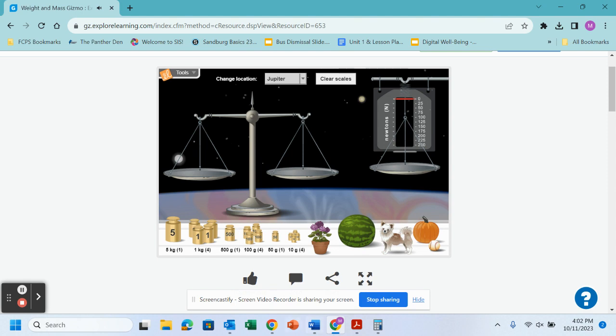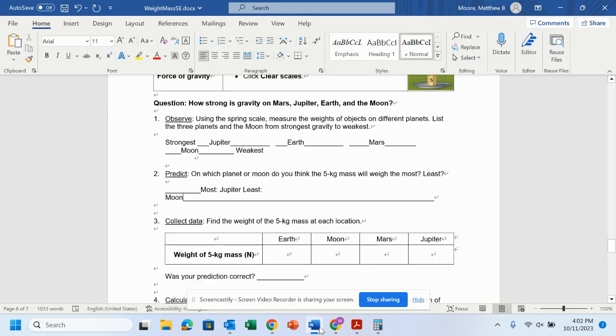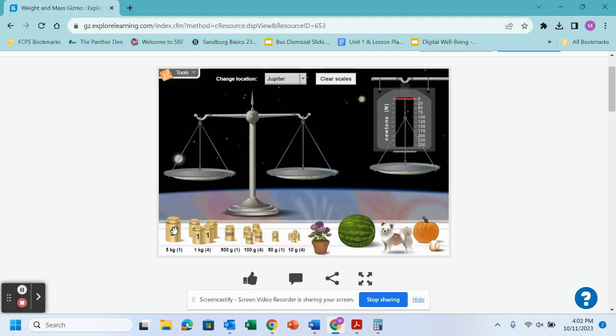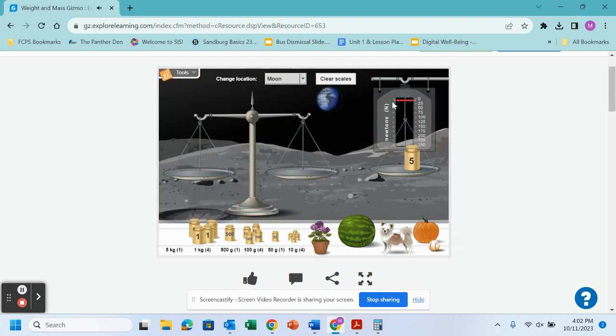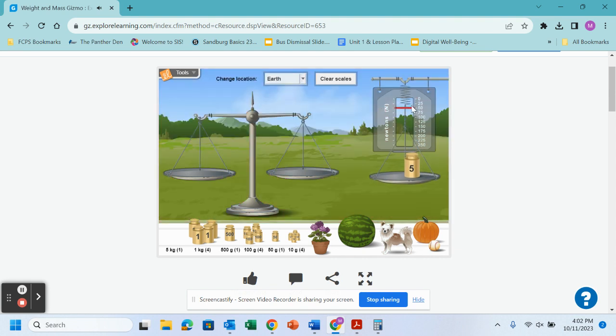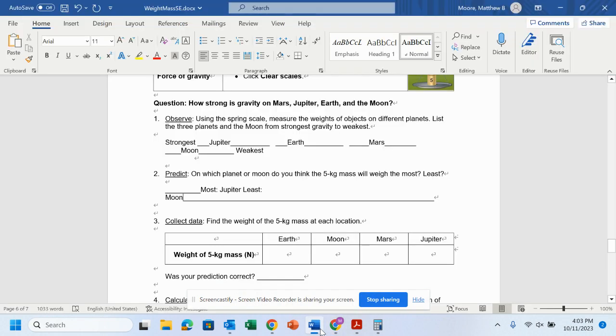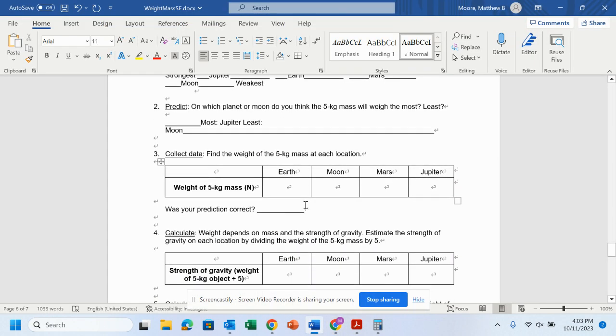Okay, so it's saying 5 kilogram mass. So in Jupiter, it's 123.9 newtons. Mars, it's 18.6. The moon, it's 8.1. And on Earth, it's 49 newtons. So we are correct. The moon was the least, and Jupiter was the greatest.